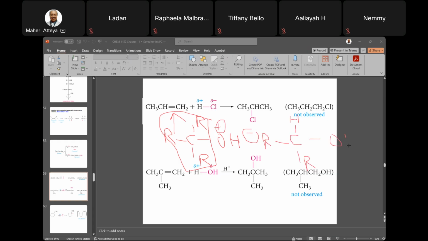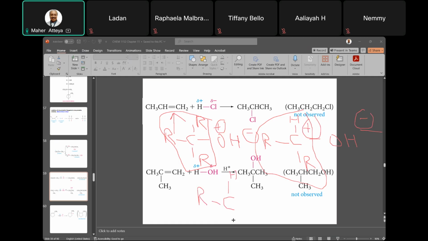OH minus. So this is a secondary carbocation: positive here, and negative here. And the primary, which is the least stable, has only one R and two hydrogens. This is positive, and the H minus is negative.